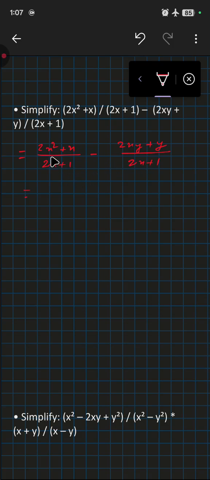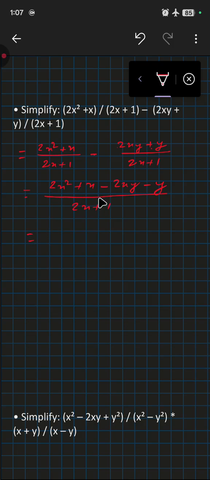So if we have like denominators, first let's see if we can factor them. No, we cannot. So let's take the LCM and write the numerators same to same. 2x square plus x minus, this minus will affect their signs. This minus 2xy and this plus y will become minus into plus, minus y.